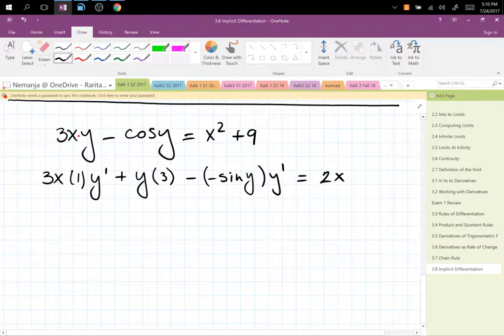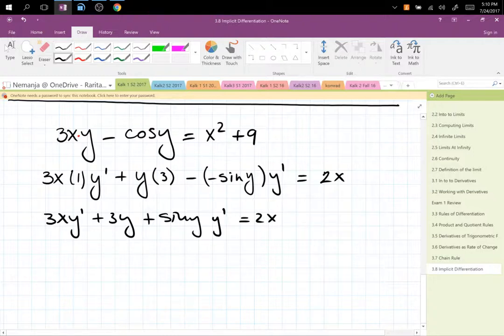And then on the other side, we have 2x, derivative of 9 is 0. So now we make it nicer. And this is the term that you have to kick to the other side because it doesn't have y prime to it.